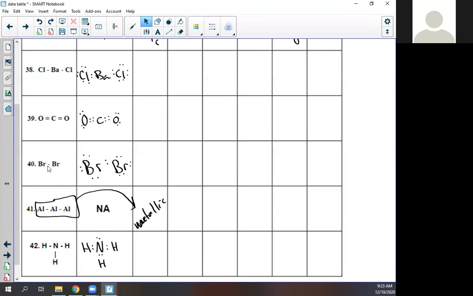All right, this we haven't talked about, but if it's two nonmetals together, then the difference is 0. So we'd say this is non-polar. Okay, you can do the rest of them pretty easy. So let's take 6 minutes. See if you can fill in all that homework.